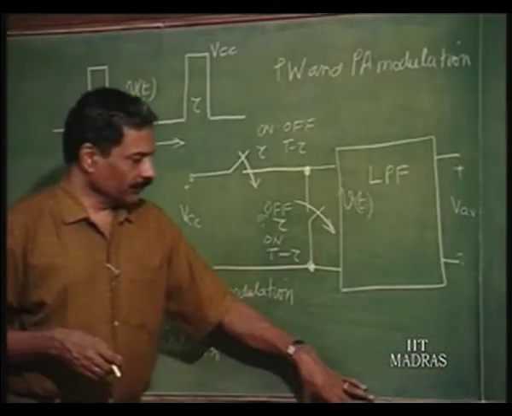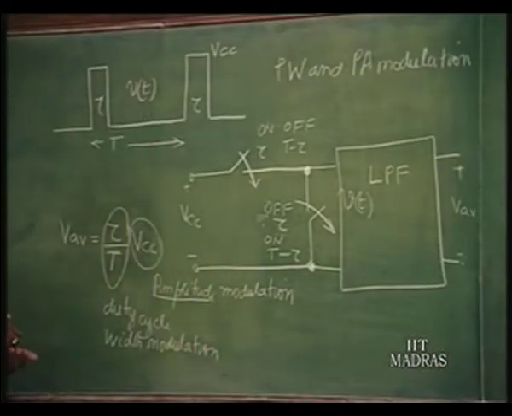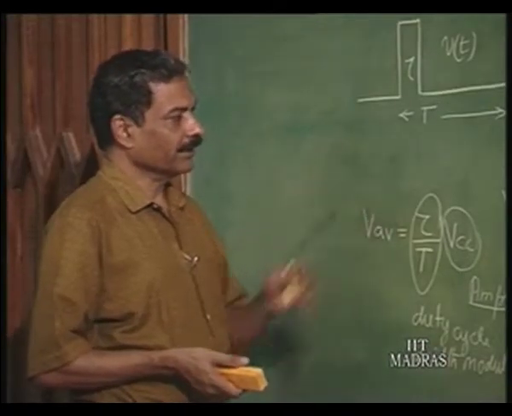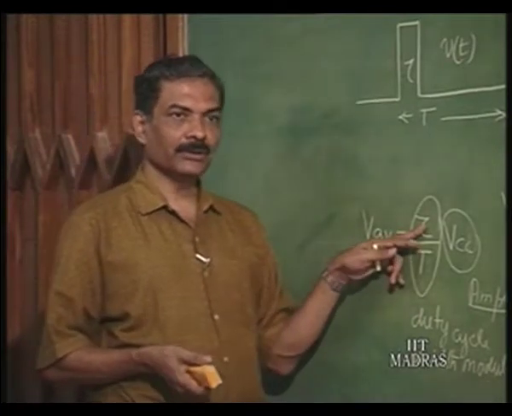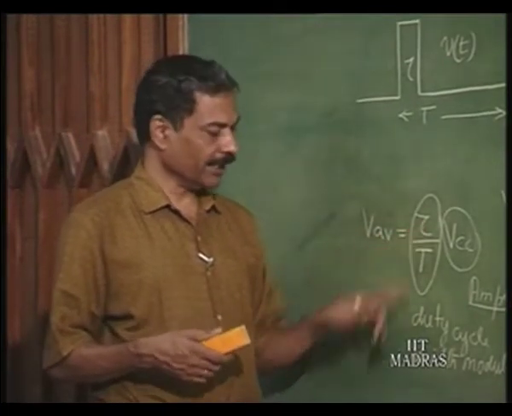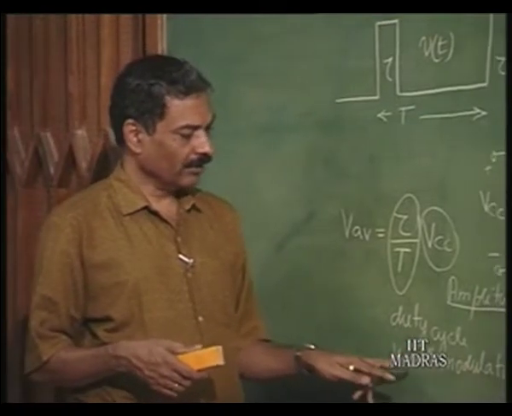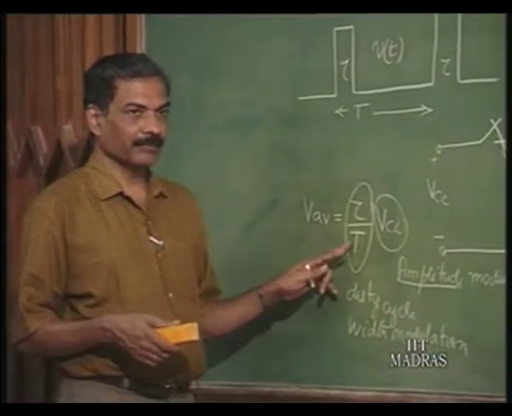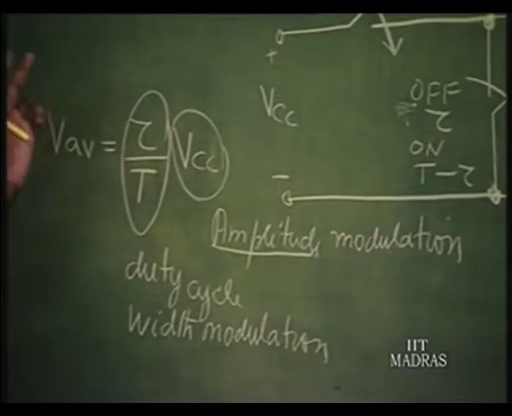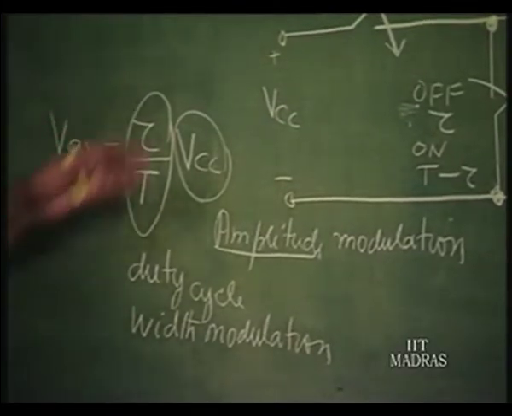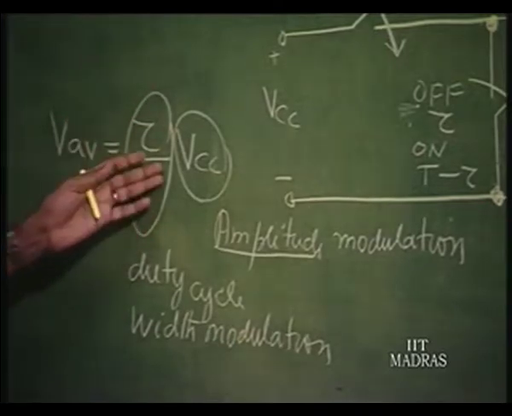So, let us therefore use it for, let us say, audio power amplification, something like that. Then how do we have the practical scheme? Tau should be proportional to some voltage. How do we therefore get this duty cycle width or width modulation scheme? By using a voltage, I should be able to make the width of a pulse vary. So, first we will consider this.